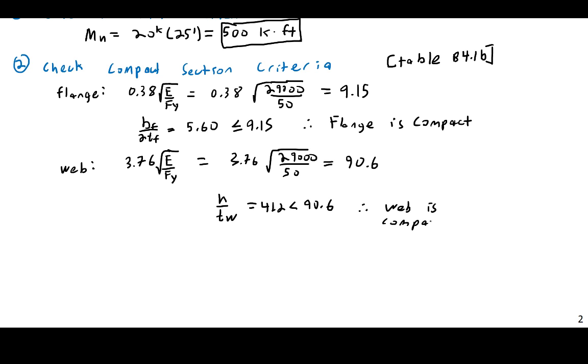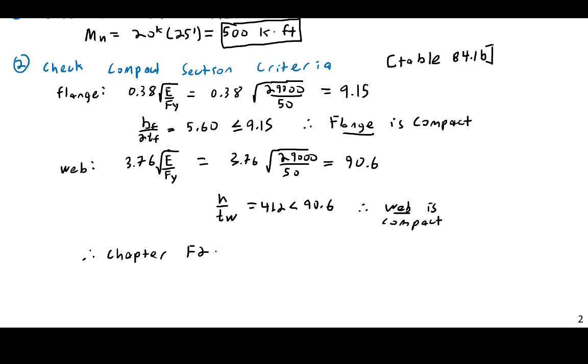Now, since both our web and our flange are compact, therefore section F2 applies. So we can use all of the equations that we've been used to.